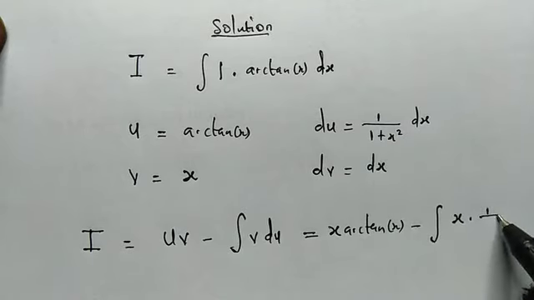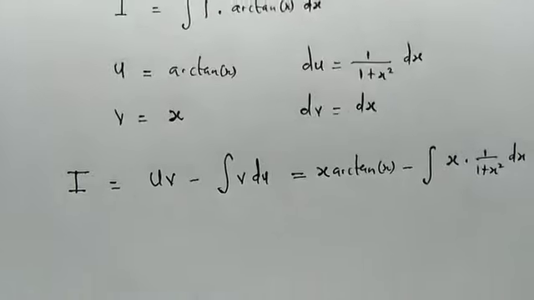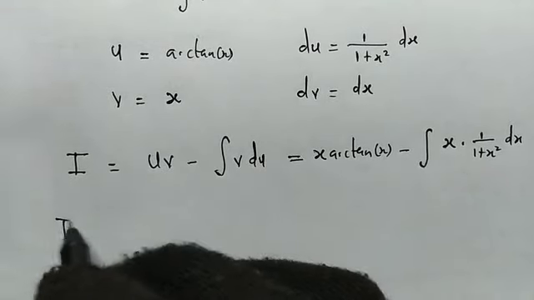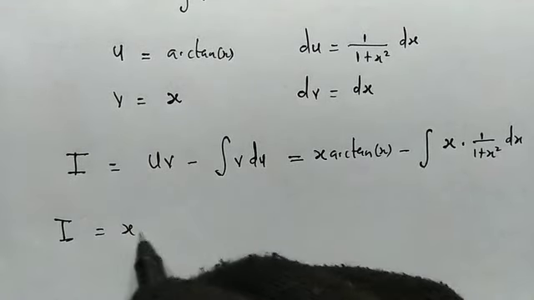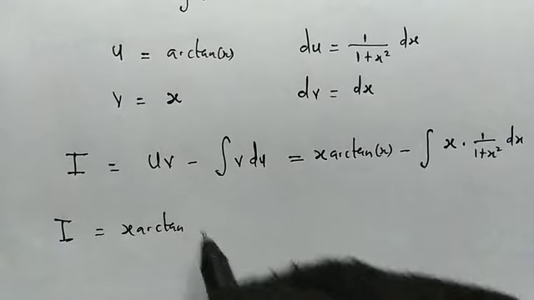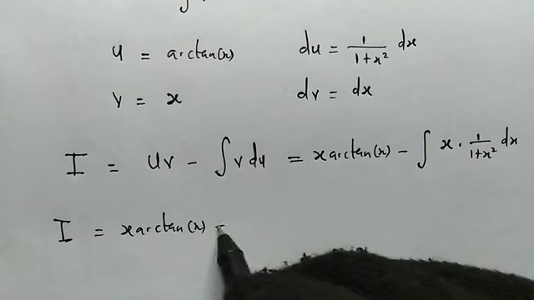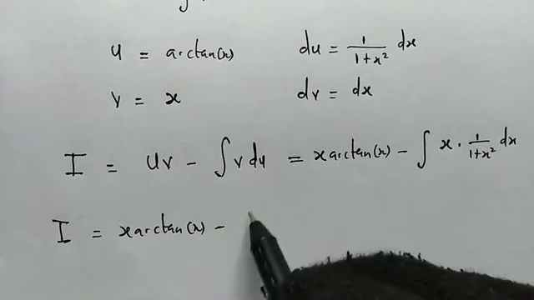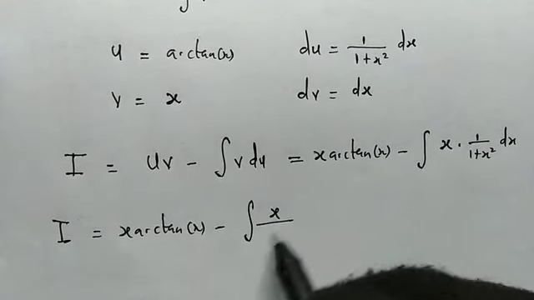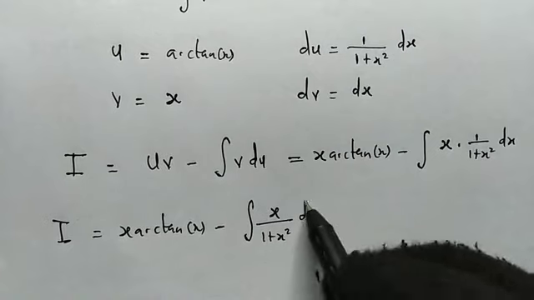So here we have 1 all over 1 plus x squared dx. Amazing, right? Okay, here our I equals x multiplied by the arctangent of x minus the integral of x divided by 1 plus x squared dx.